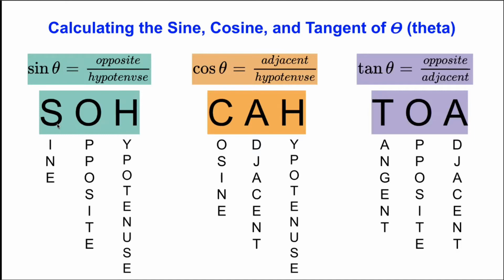For example, sine, "so," opposite over hypotenuse; "ka," cosine, adjacent over hypotenuse; "toa," tangent, opposite over adjacent. So repeat SOHCAHTOA in your head over and over to make sure you memorize it. I'll let you copy this down so you can have it in your notes.